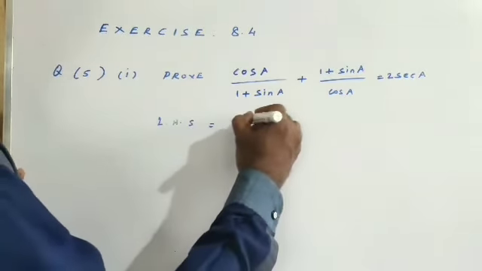Now just simply multiply: cos A into cos A, cos square A, plus 1 plus sin A into 1 plus sin A, that is 1 plus sin A the whole square.